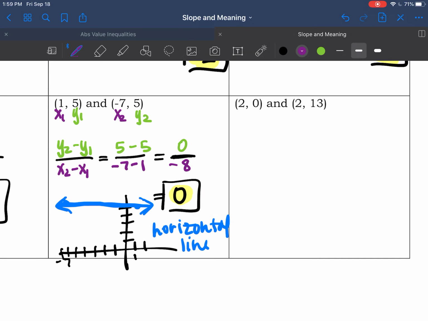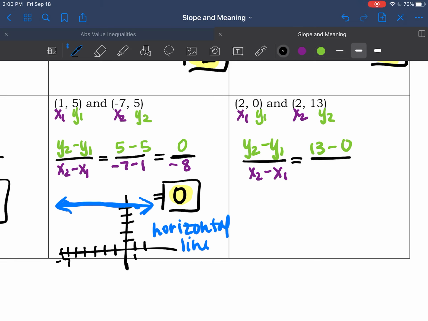Let's look at what happens on this last example. All right, y2 minus y1 is 13 minus 0. And then on bottom, we have 2 minus 2.